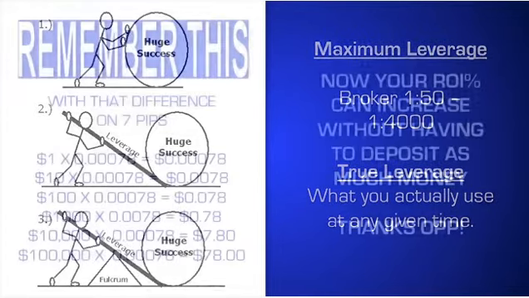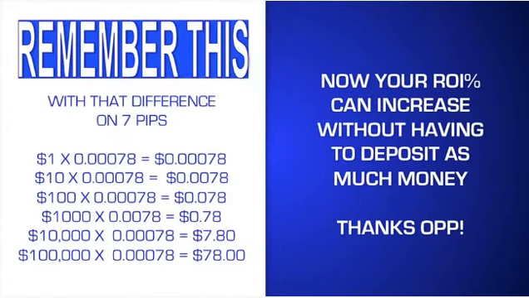Very bad idea. And here we go again with a review of our original situation. Remember, when you made 7 pips out of the market, if you want to really come to the market with $100,000, go for it. Make that $78. Woohoo! Or not. See, with leverage, now your ROI percent can increase without having to deposit that much money.